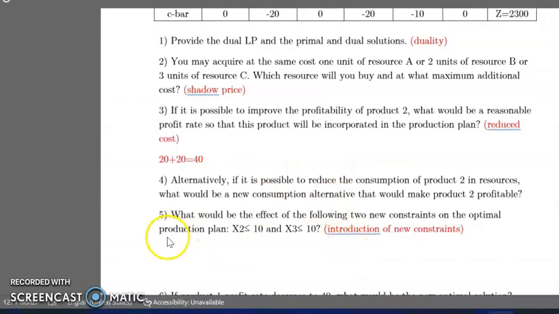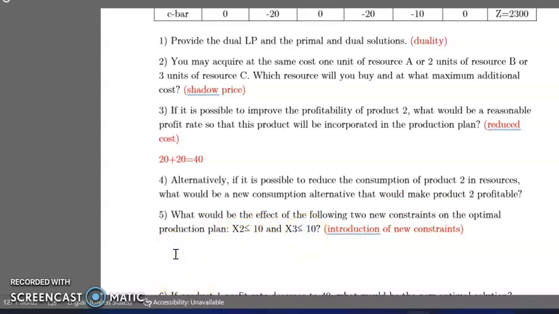We now go to question 5, which is, what would be the effect of the following two new constraints on the optimal production plan? And these two constraints are x2 less than or equal to 10 and x3 less than or equal to 10.